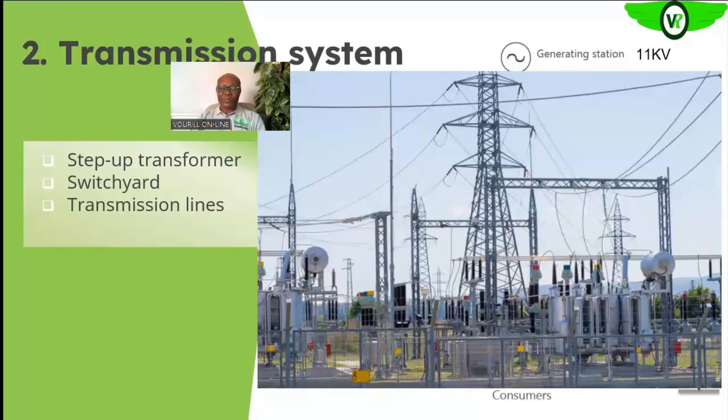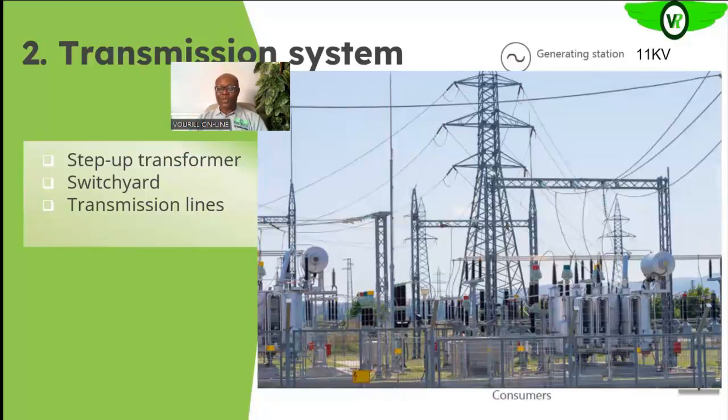And then we have the transmission line. At the other end of the transmission line, we will have a step-down transformer that will take it from 330 kilovolts to 132 kV, okay? We also have switch yards, the ones that will receive the 330 kV before it goes to the transformer, and then after the transformer, the one that will deliver it into the 132 kV transmission lines.